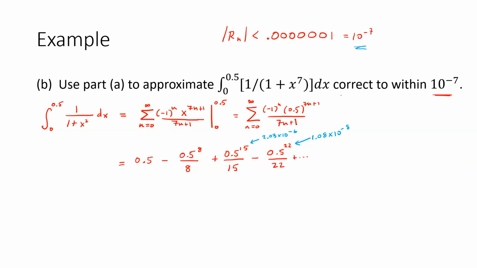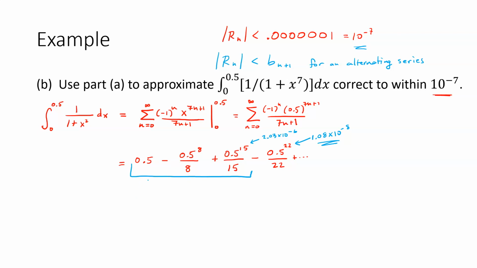And so using the alternating series estimation theorem, we know that here Rn will be less than Bn plus 1 for an alternating series. You can remind yourself what the alternating series estimation theorem tells us. And therefore here we can add up these first terms, and we know that that sum will have an error that's less than this term here.